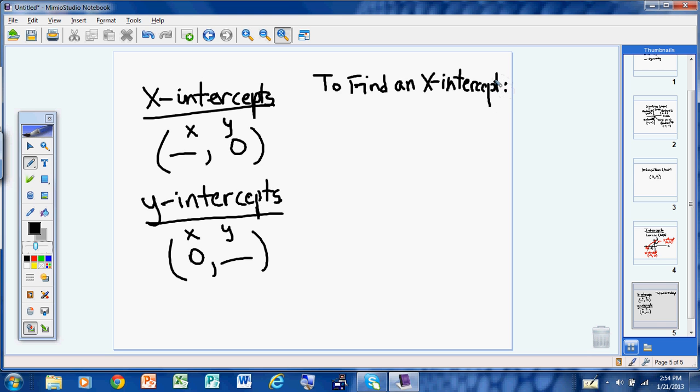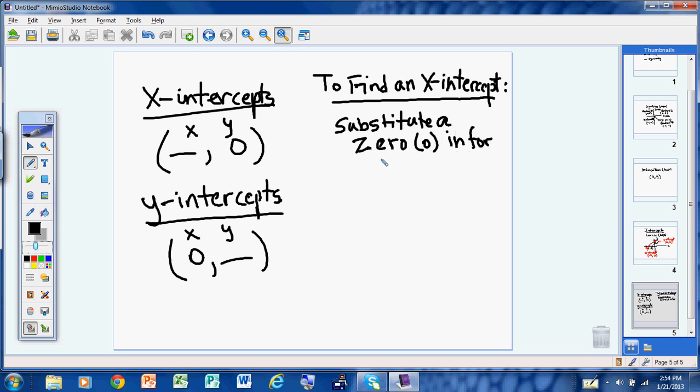To find an x-intercept, we would substitute a 0 in for y and solve for x.